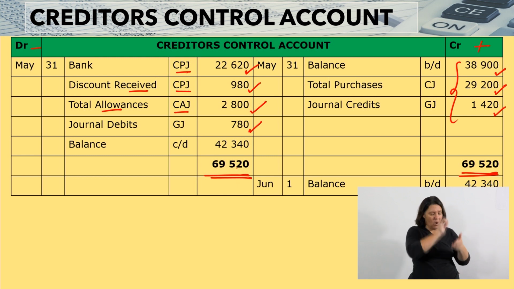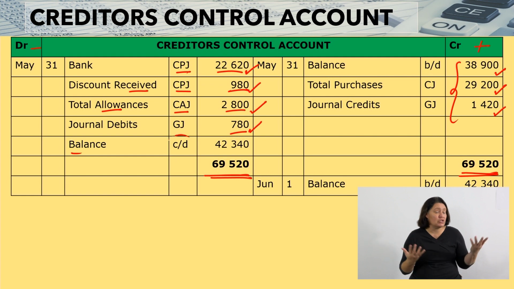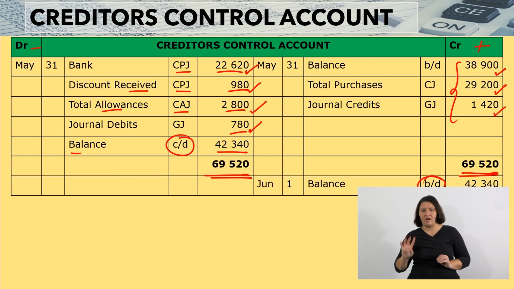And then I'll say my 69,520 minus 780 minus 2,800 minus 980 minus 22,620. And I will then get my balance carried down, 42,320, which I then bring to the credit side as balance brought down, 42,380. Very important, dear learners, that when you do this, you remember your creditors control has a credit balance.